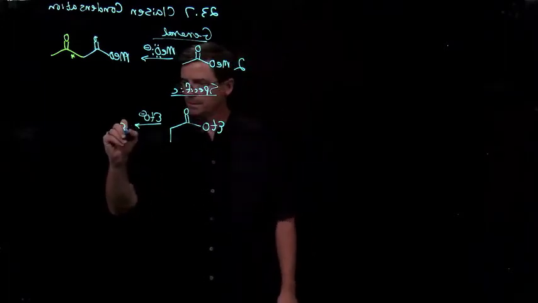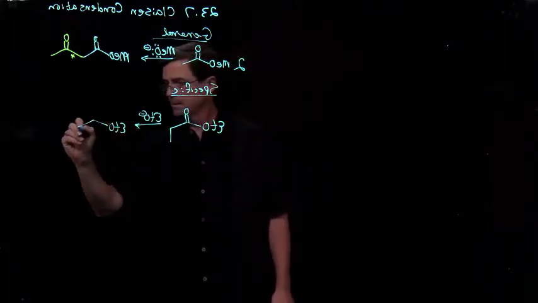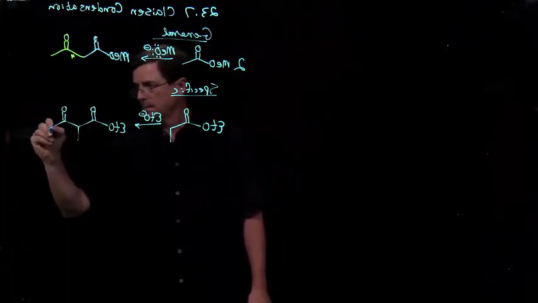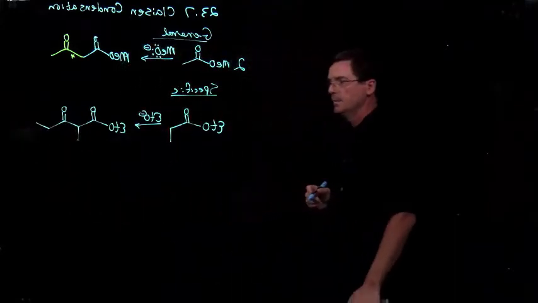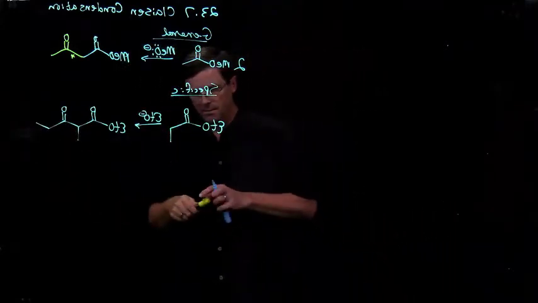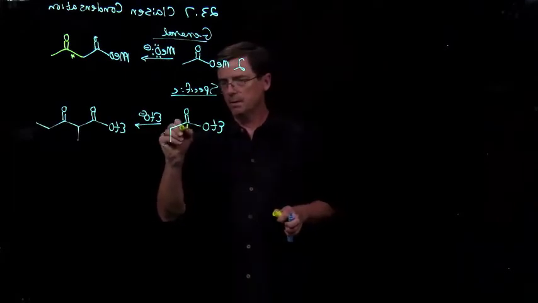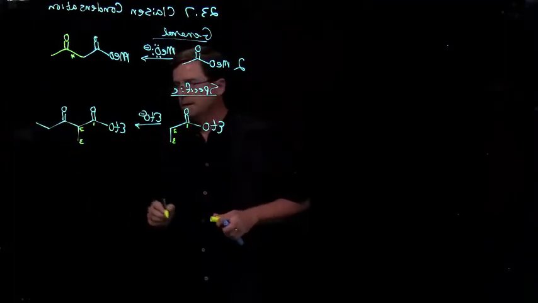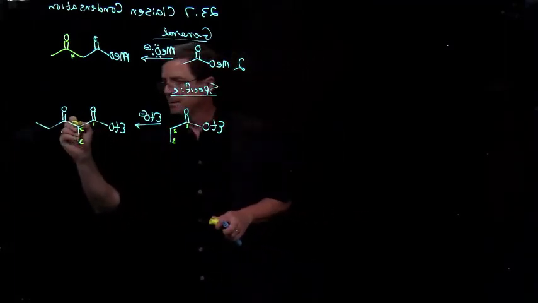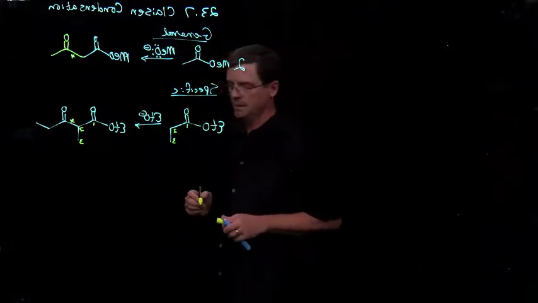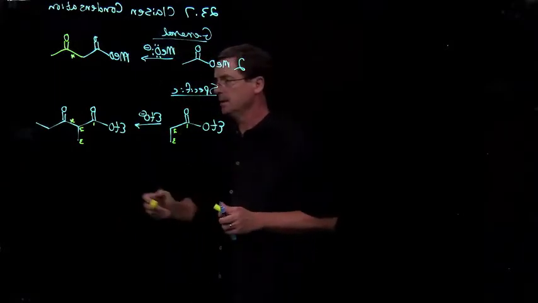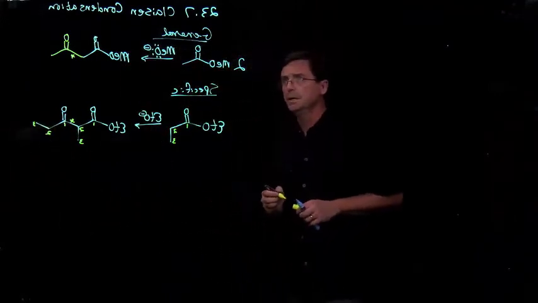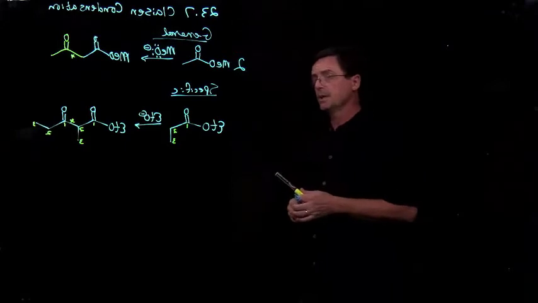We produce this specific beta keto ester, where the components of the starting material 1, 2, 3, 1, 2, 3. There's one ester. We make the new bond between the alpha position and the carbonyl, and then we have 1, 2, 3. So these are the basics for the Claisen condensation.